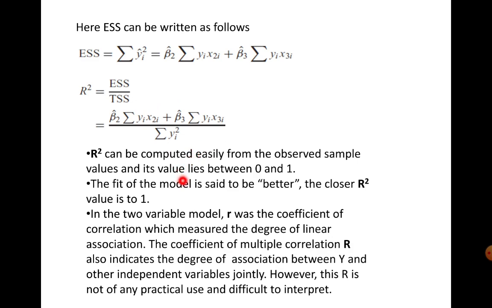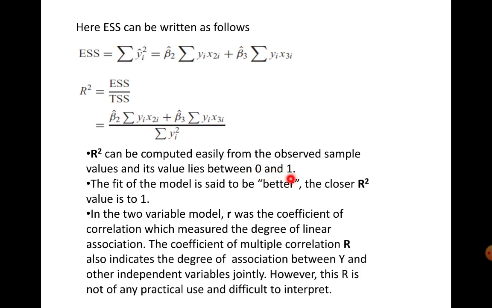Its extreme values will be 0 and 1. So capital R square, the multiple coefficient of determination, will lie between 0 and 1. If the value is 0, it means the variations in observed yi are not at all explained by variations in my independent variables x2 and x3.